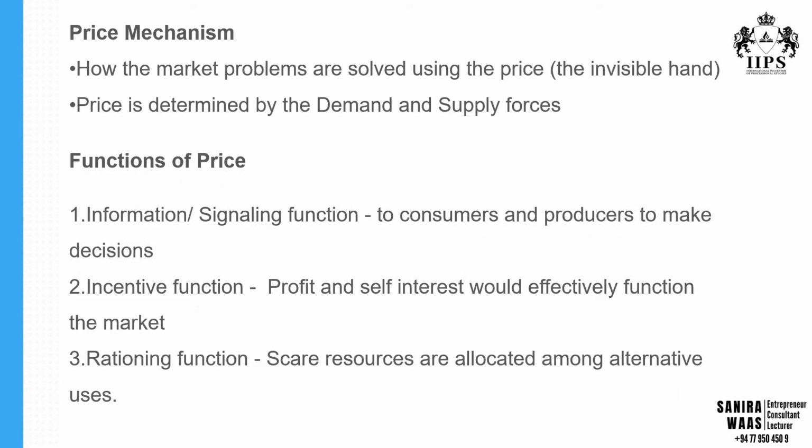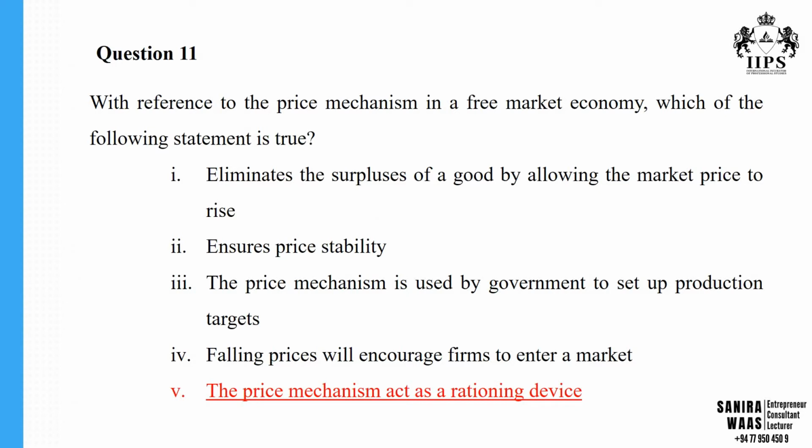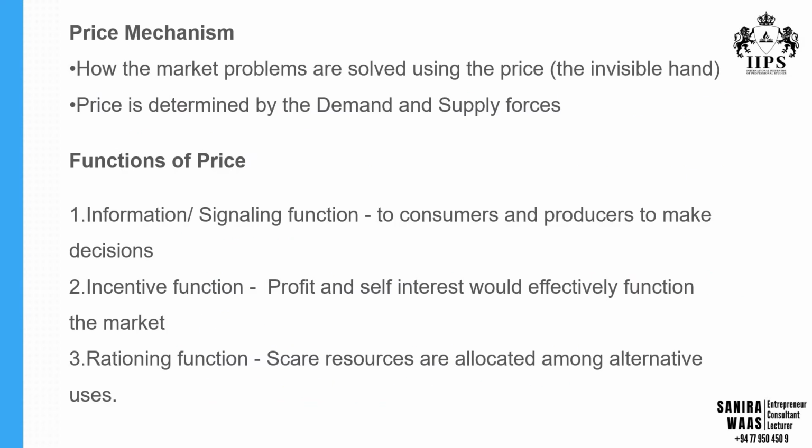And we have got 3 special functions. One is the information or signaling function. Second, the incentive function. Third, the rationing function. According to this question, the answer is that the price mechanism acts as a rationing device. As I mentioned, with the signaling function, price gives signals to consumers and producers to make their economic decisions.